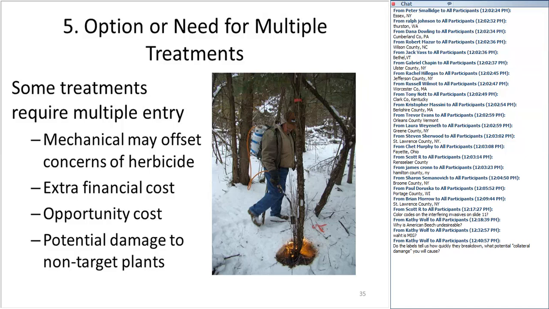We'll talk about that, but many times that gives us much better control with greatly reduced collateral damage. But it also carries with it perhaps some added financial costs, because if you do these as 2 separate entries, then you have labor occurring twice. There's an opportunity cost potentially, because if you're using equipment, there may be damage to non-target plants because of the equipment.